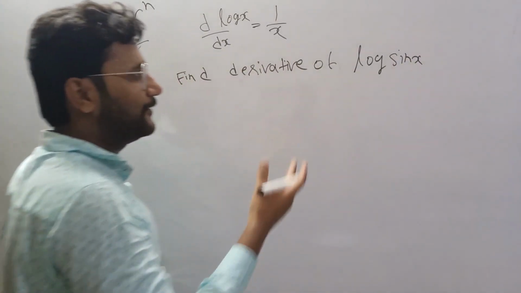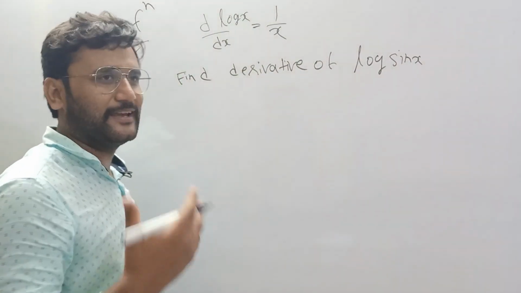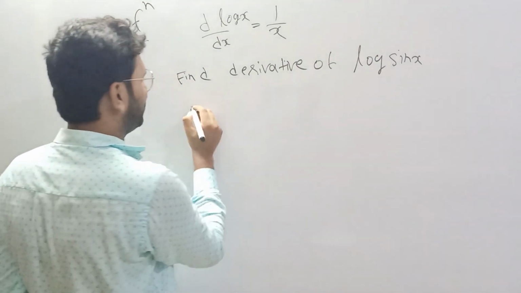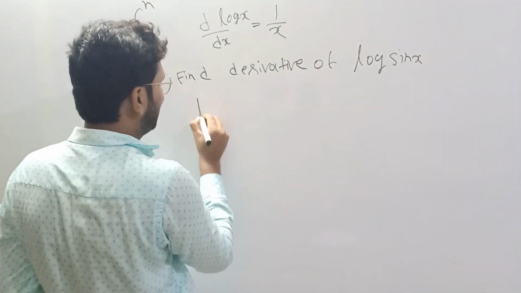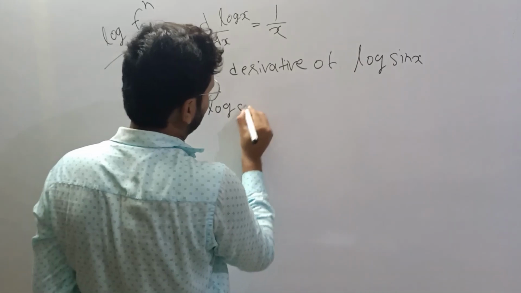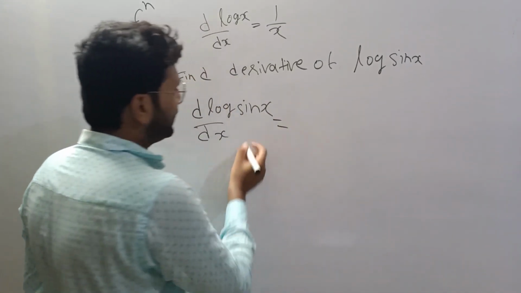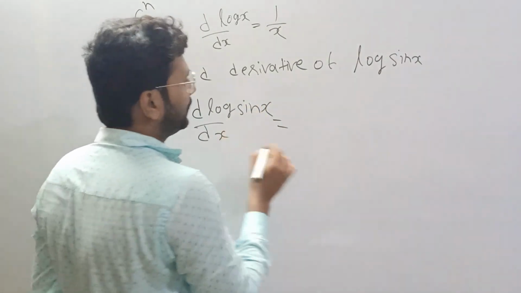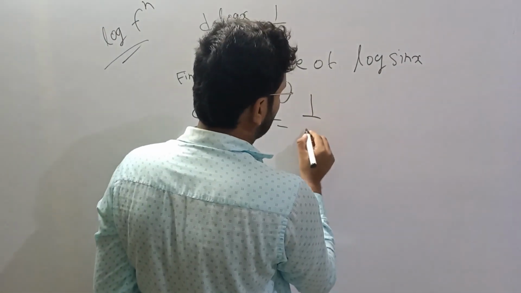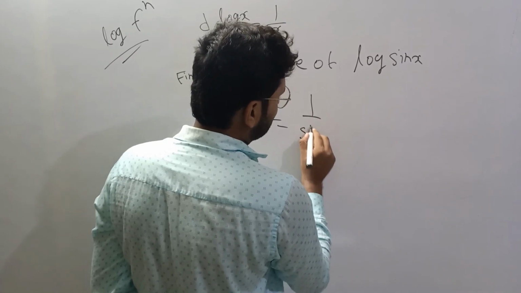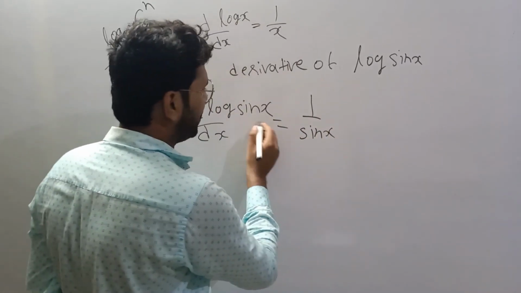You may think why I'm taking sin x in every function, because sin x is my most favorite function in trigonometry. Now the derivative of log sin x with respect to x: suppose sin x as t, so it will be 1 by t, which is sin x, and the derivative of sin x.